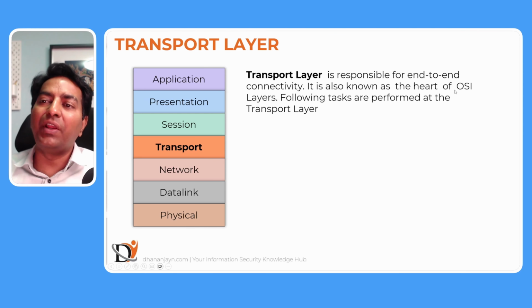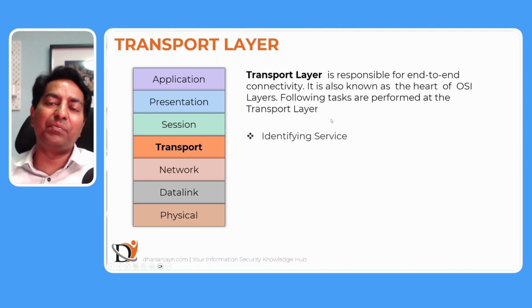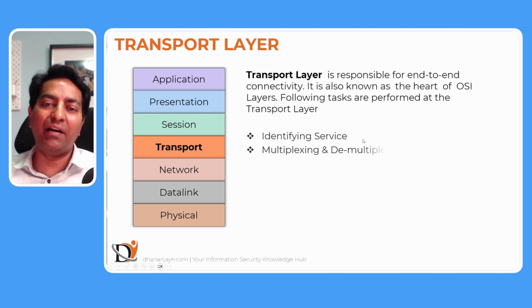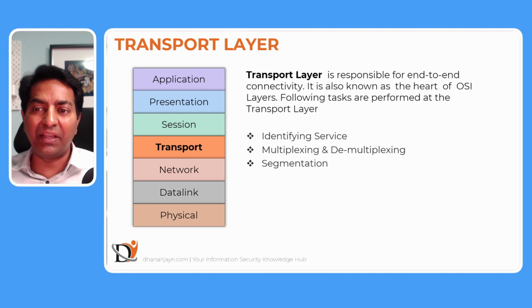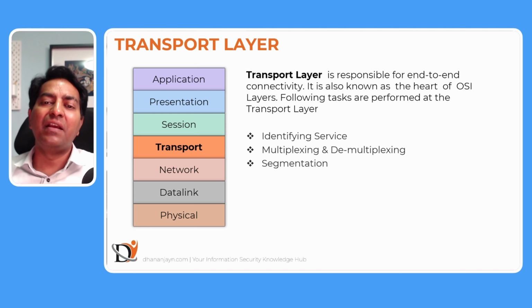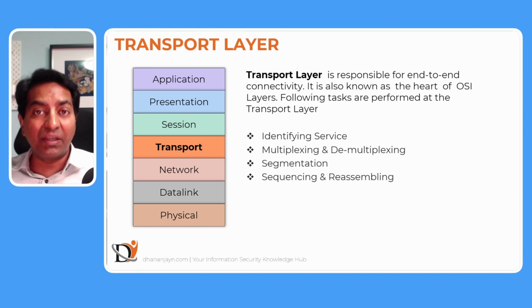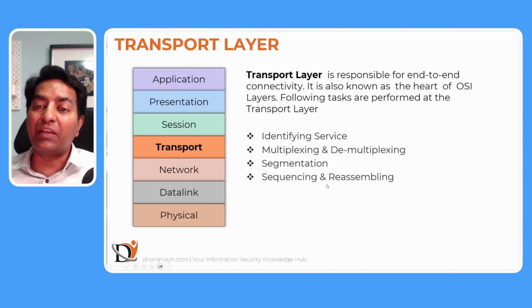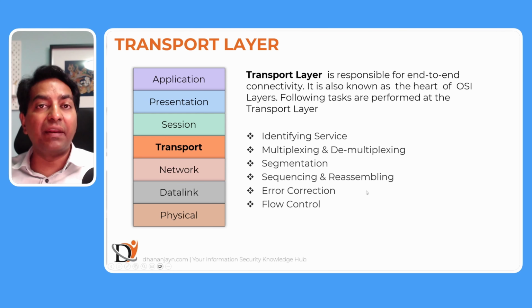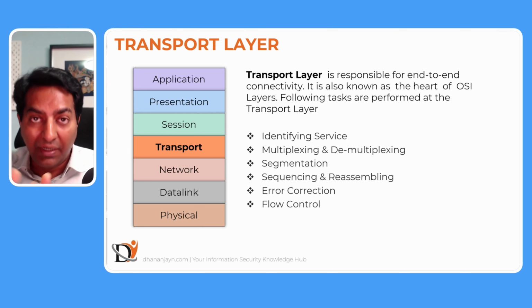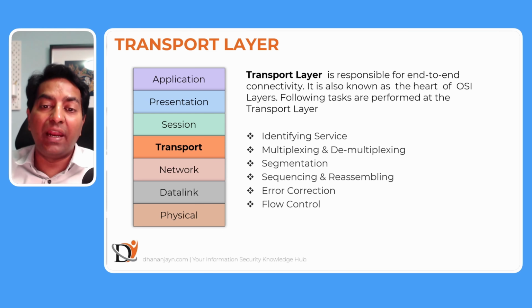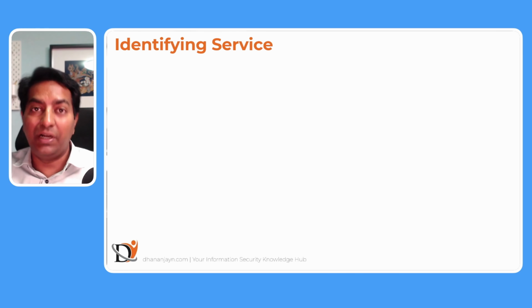It is also known as the heart of the OSI model, and the tasks performed at this layer are identification of service, then multiplexing and demultiplexing, then segmentation, then sequencing and reassembling, and error correction, how it happens with the help of the remote data link layer, and finally the flow control.